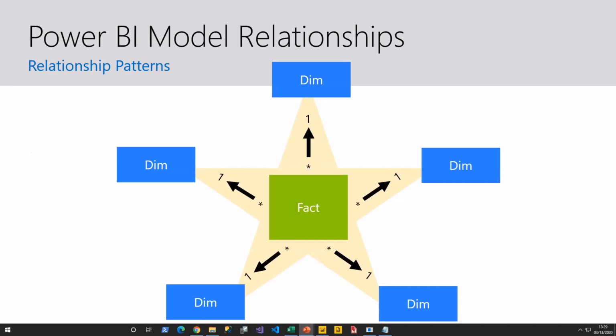So this is a classic design pattern that often achieves the most optimal result for Power BI models. So note that a fact table can be identified that it is the many side of the relationships, and the dimension tables are the one side.